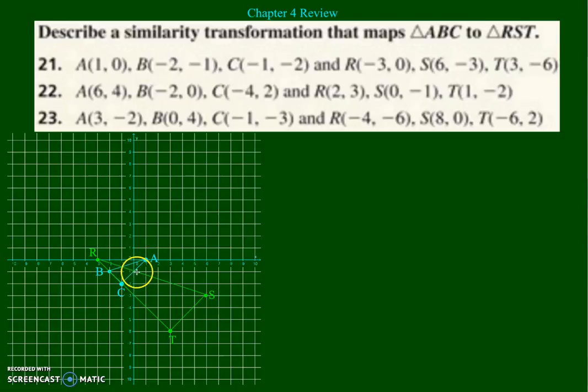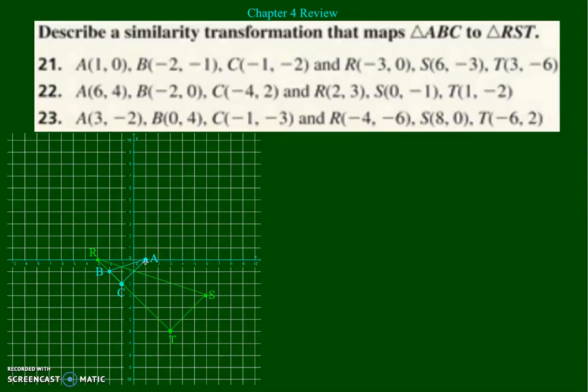So that's the assumption we're going to go on. Now, what I did was I took BC, because BC in the statement corresponds to ST. I found the length of BC and the length of ST using the distance formula, and found that this side is exactly 3 times the length of that one. So we know that there's a dilation of 3 involved here.